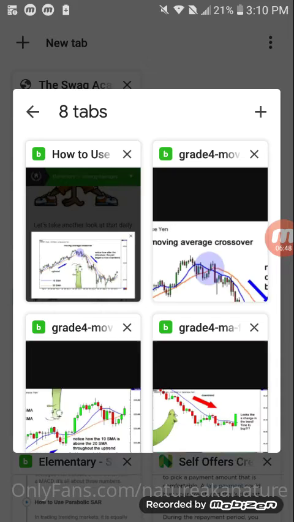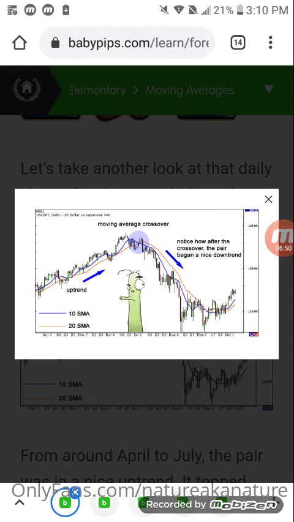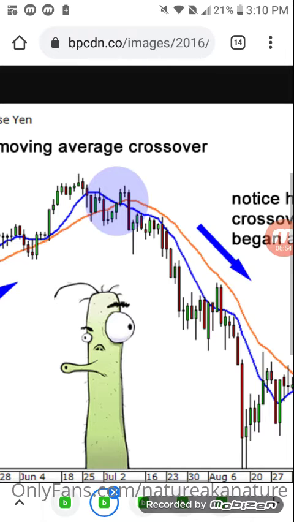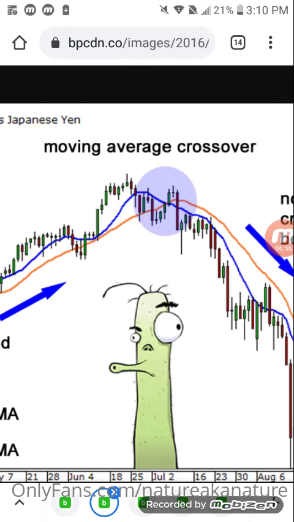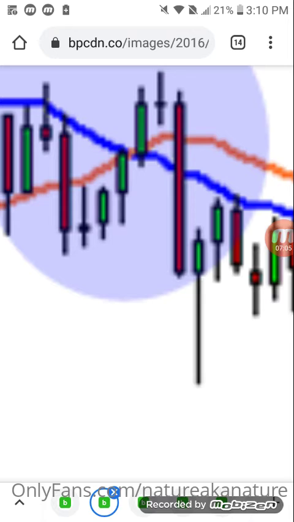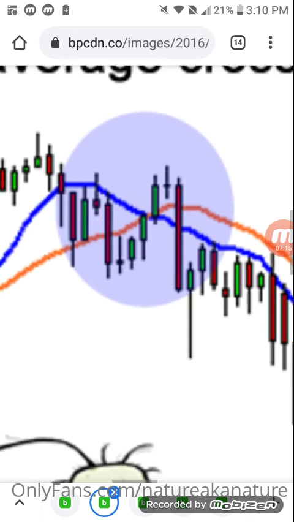So as you can see in this picture, this is a clear three inside down pattern, a moving average crossover pattern. As you see the green candlestick followed by a black or red candlestick, followed by a longer red or black candlestick closing below the previous candlesticks. So this is a three inside down.